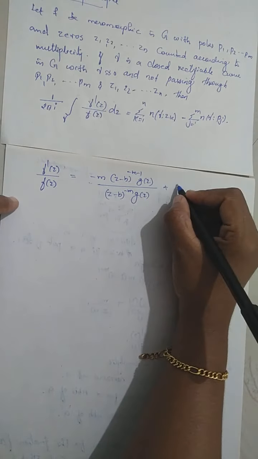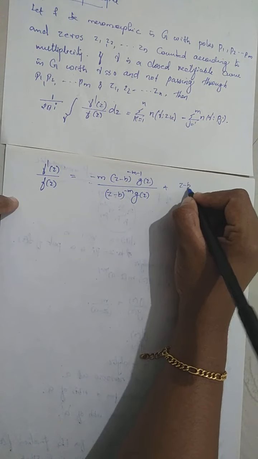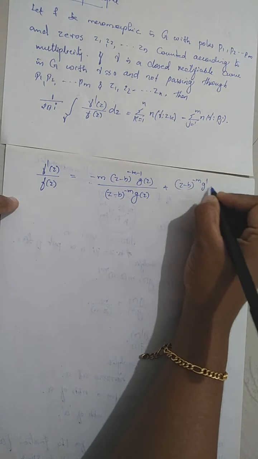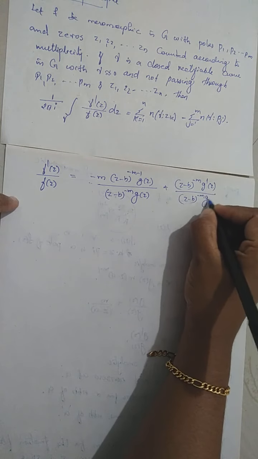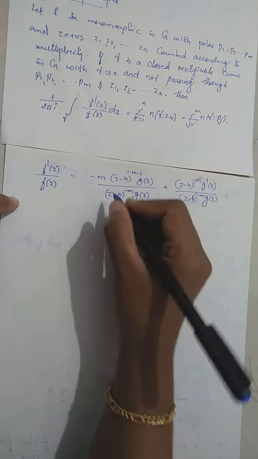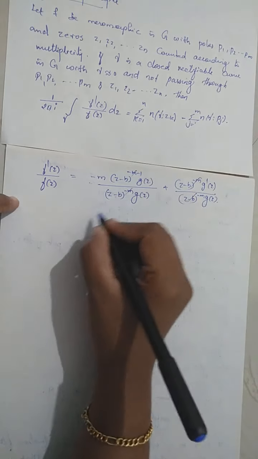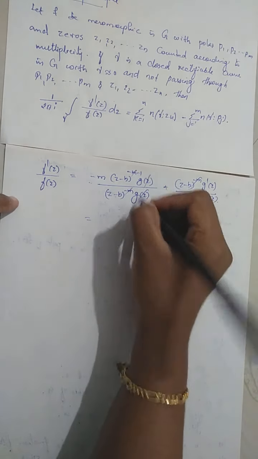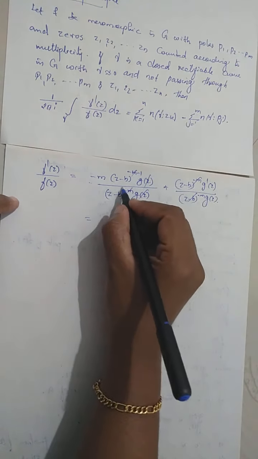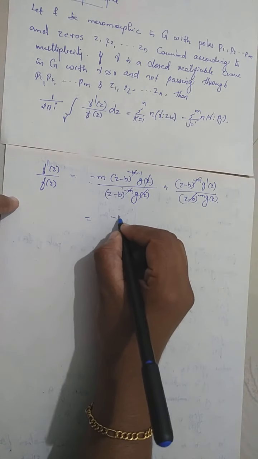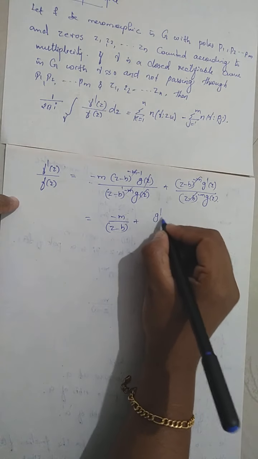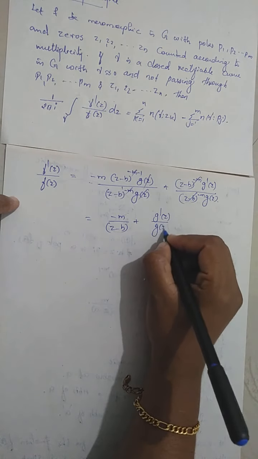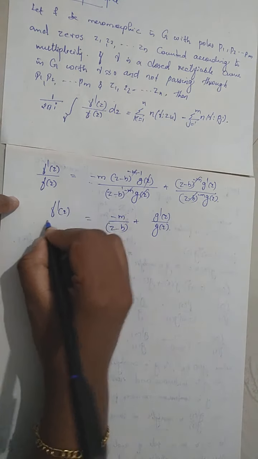Plus the second term, (z minus b) raised to minus m g dash z, divided by (z minus b) raised to minus m g z. Then these can be cancelled, g z can be cancelled. So you get minus m divided by z minus b plus g dash z divided by g z. This is f dash z by f z.